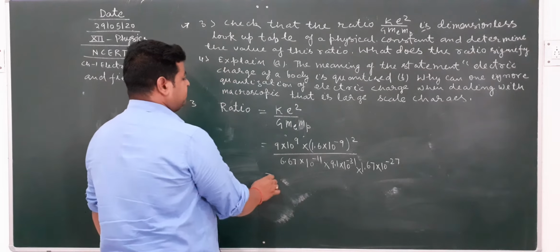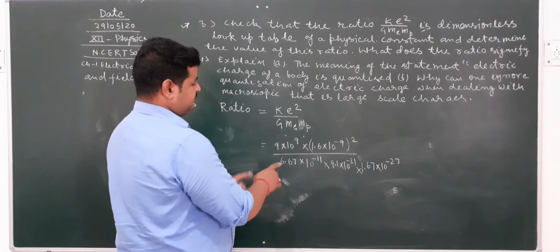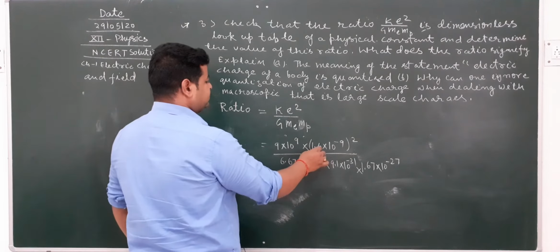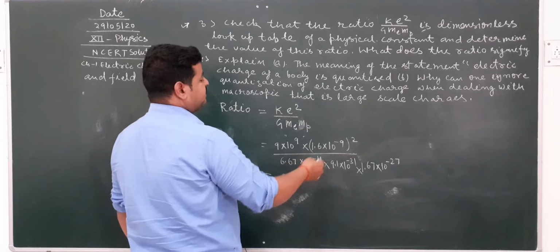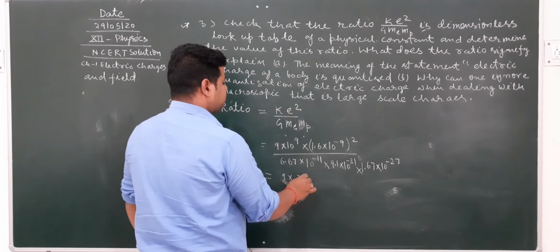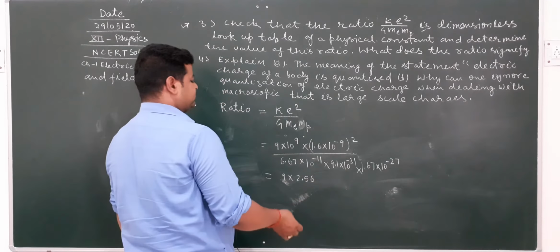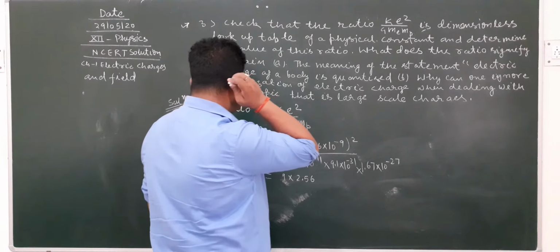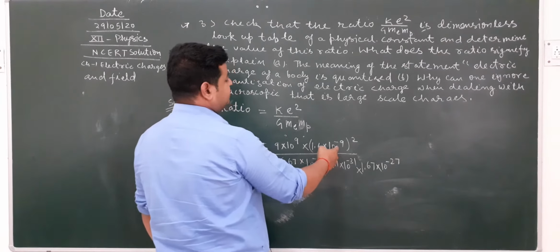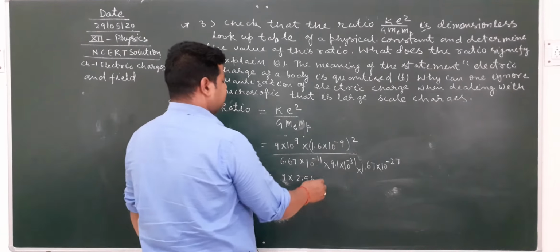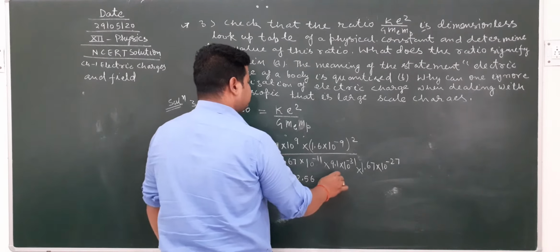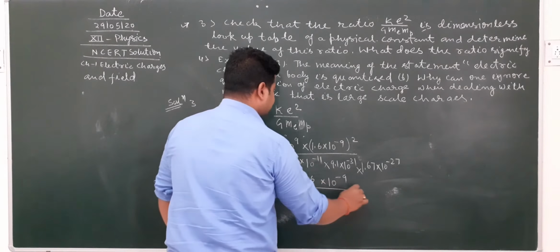So here we simplify this part. 9 into 1.6 whole square is 2.56. Clear? And what will be the power? 10 to power minus 9 whole square, minus 18 plus 9 into 10 to power minus 9.